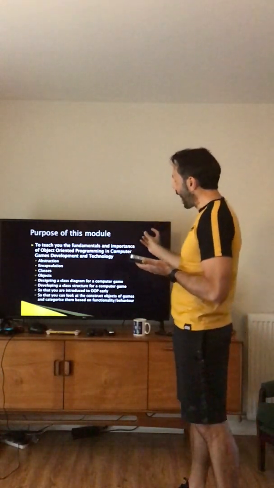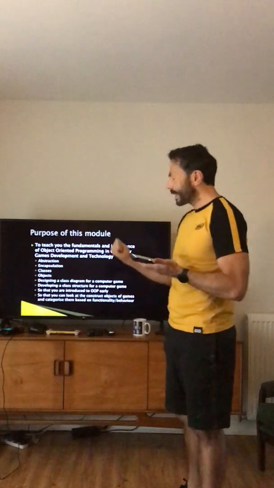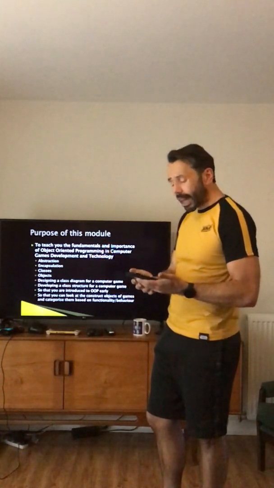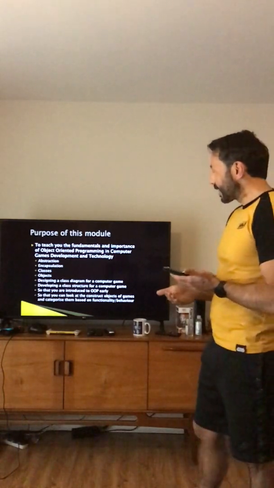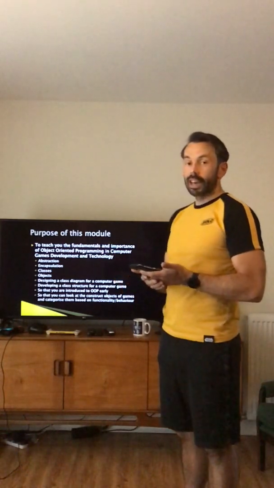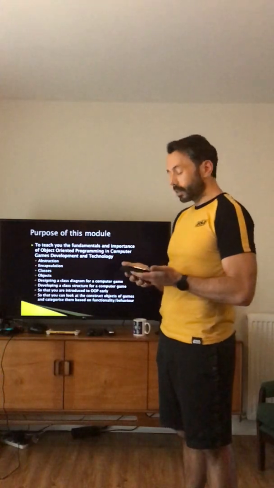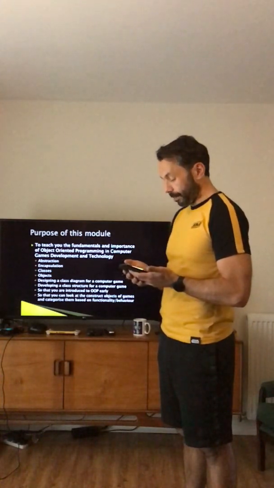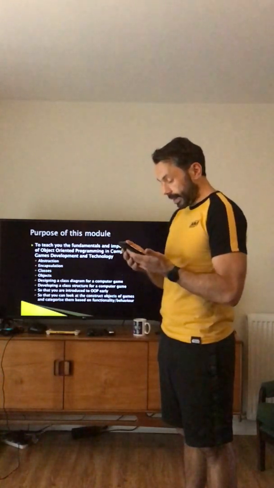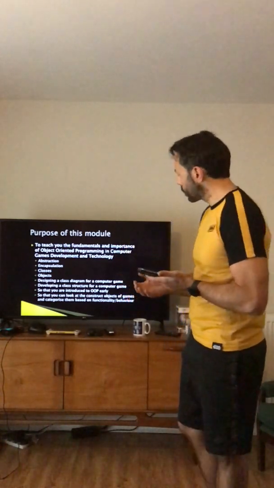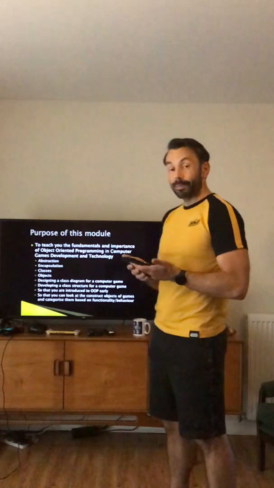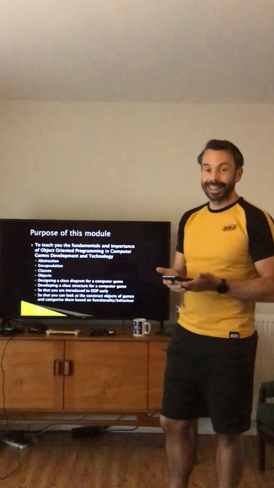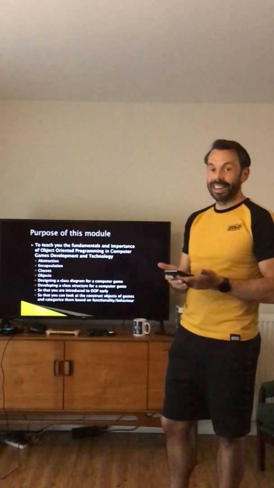So we're going to be looking at abstraction, encapsulation, classes, objects. We'll talk about designing a class diagram using UML notation. Developing a class structure for a computer game so that you're introduced to object-oriented programming relatively early and it becomes second nature to you.